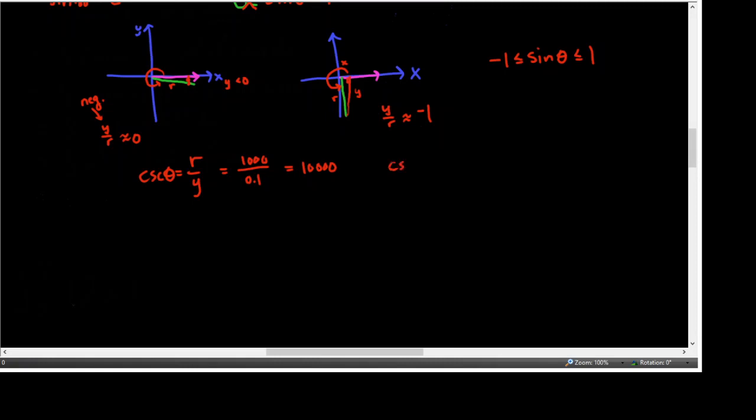And if y is negative, let me make up another one. If y happens to be negative instead of positive, then r over y, r is still relatively big. Let's say this is like 2 over -1.99.